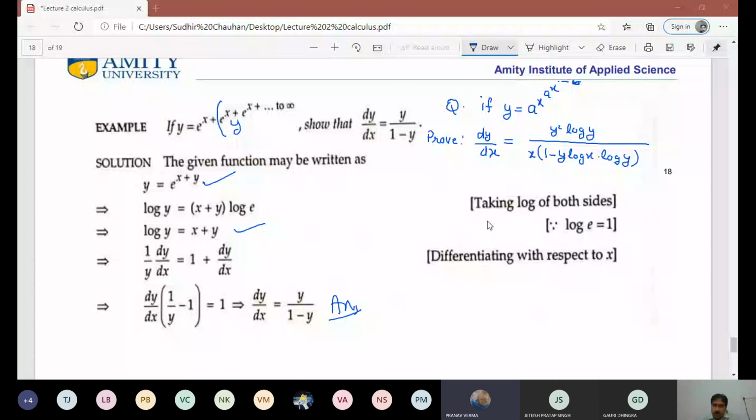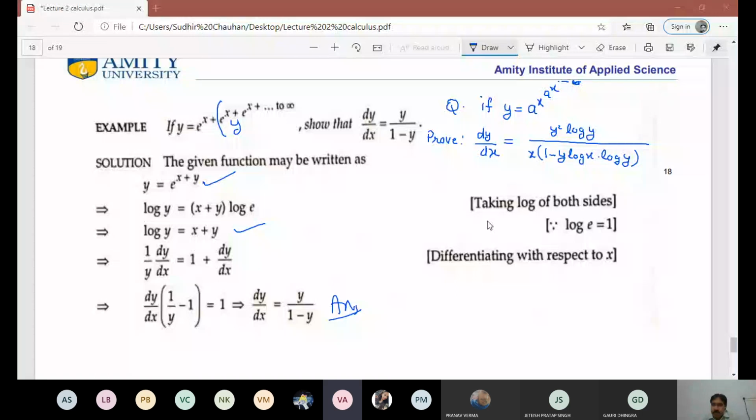Okay, now you can easily do it. You can again take log. Now write down log of log y is equal to y log x plus log of log a.